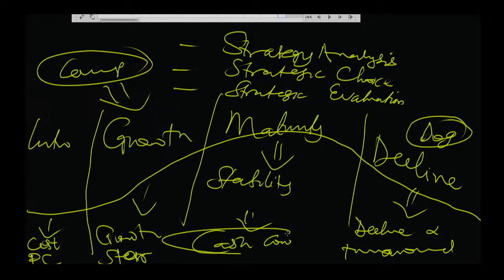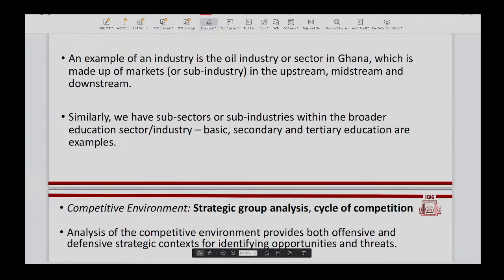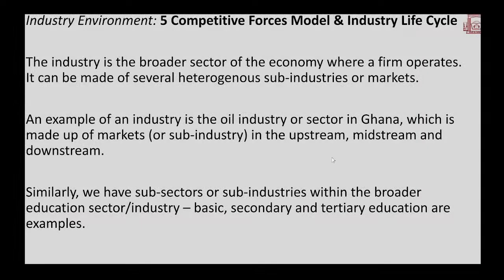So you see, the industry life cycle is a big model that you can use to do a lot of things in corporate strategy. When you know this model, I trust it is going to help you a lot, and you are going to be very comfortable when you are dealing with case study. I hope that is okay. So the 5 forces model and the industry life cycle, as I told you, very important.